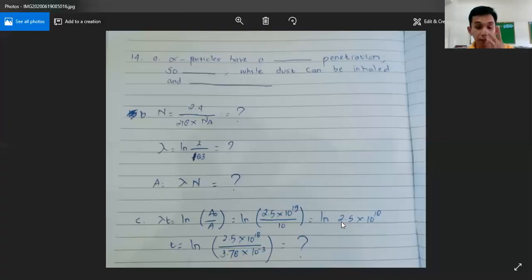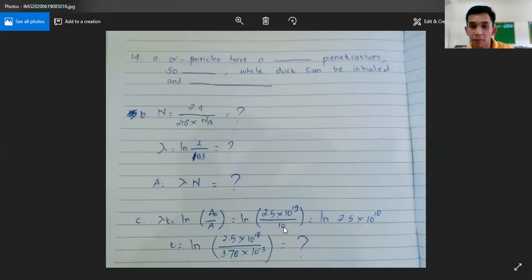So for this one, C, we know the formula lambda times t equals natural logarithm of the original activity over the activity itself. And you just need to put in the activity we got from here, 2.5 times 10 to the power of negative 19, and then divide by the activity which is safe.